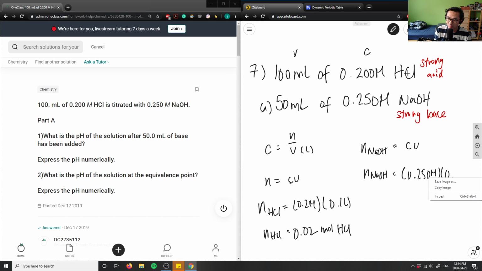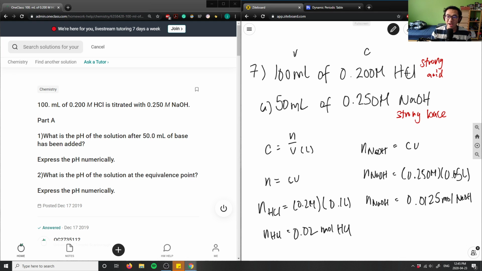So we have 0.05 liters. And then the moles of NaOH we get is 0.250 times 0.05, which is 0.0125 moles of NaOH.